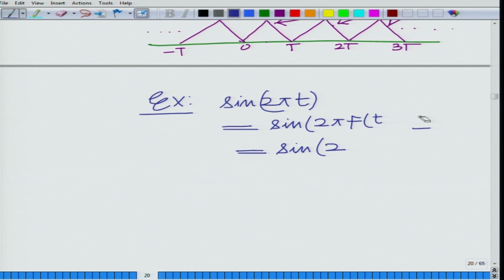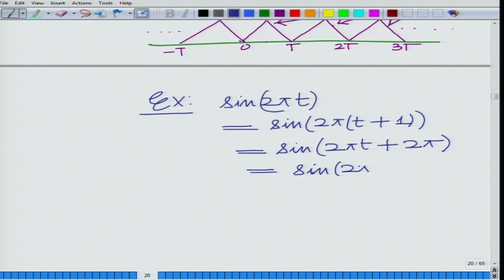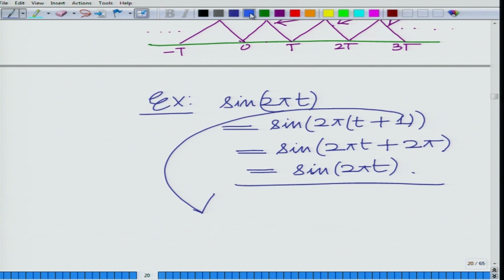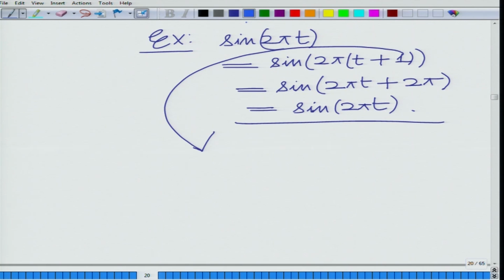So sine 2 pi t plus 1 is equal to sine of 2 pi t plus 2 pi. Sine of theta plus 2 pi is sine of theta. So this is again equal to sine of 2 pi t. Okay, so the period of sine 2 pi t is capital T equal to 1.